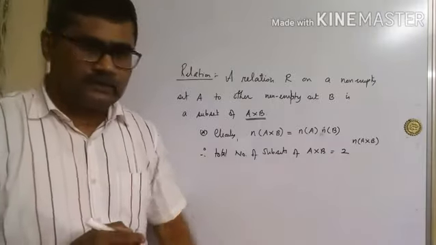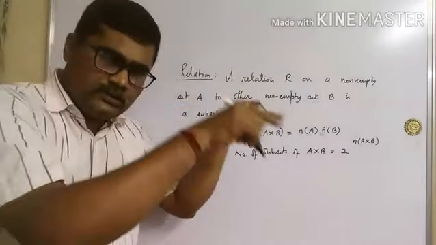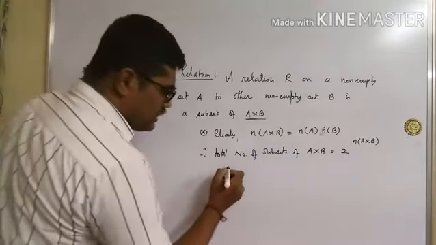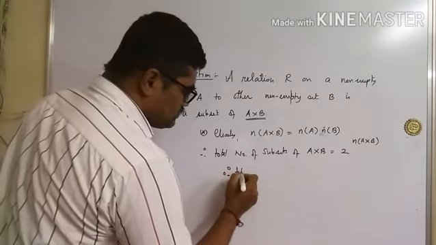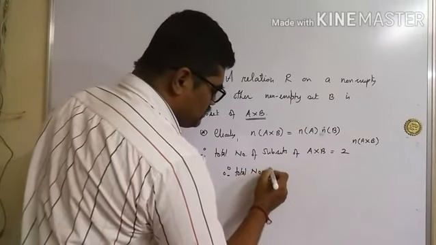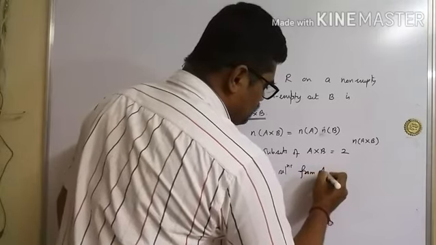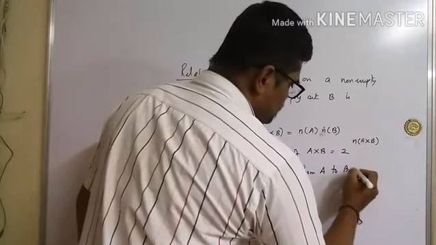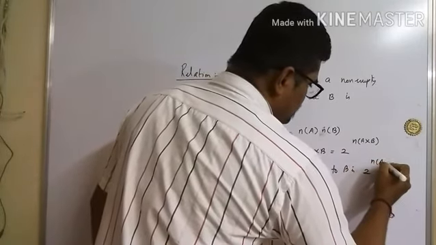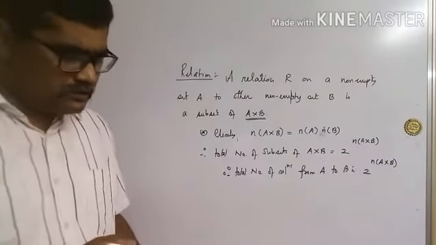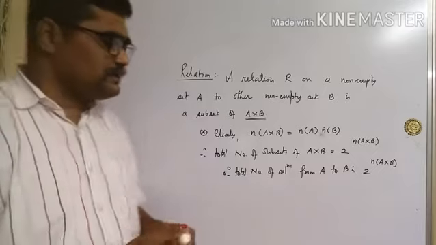So each of those subsets is a relation from A to B. Therefore, the total number of relations from A to B is 2 to the power n(A cross B). This is a very, very important conclusion we have to remember.